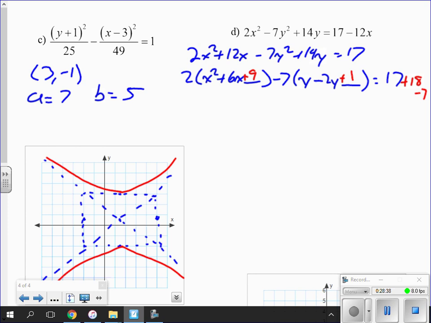So I now have 2 times x plus 3 squared minus 7 times y minus 1 squared is equal to 28. What is it supposed to be equal to? 1. So divide everything by 28.